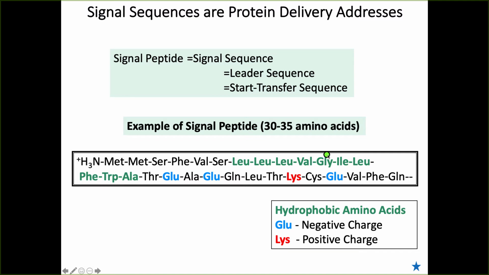Most of these signal sequences will have a hydrophobic residue, which is green, and they may be followed by positively charged or negatively charged residues. And it's not always the case. There could be, but that hydrophobic residue should always be there. That's the signature part. And then it could be only a plus sequence, minus or plus sequence, plus or minus sequence followed by that.